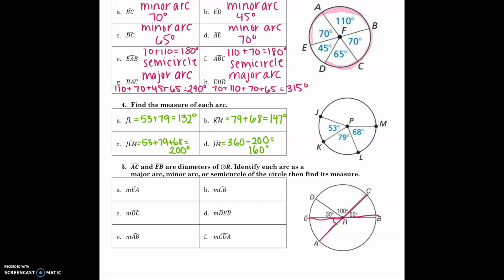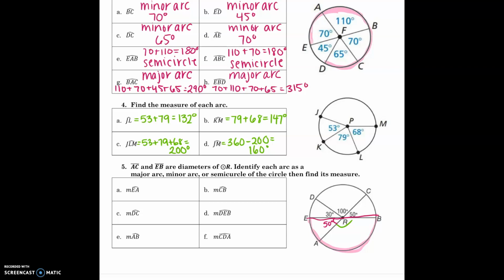and angle ARB. If we take a look at angle ARB and angle CRB, they are actually vertical angles, and we know that vertical angles have the same measure, so we can say that this central angle also measures 50 degrees. Now to find angle ARE, we know that EB is a diameter of the circle, which tells us that arc EAB is a semicircle.